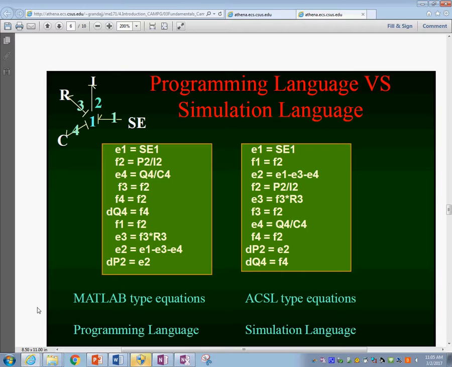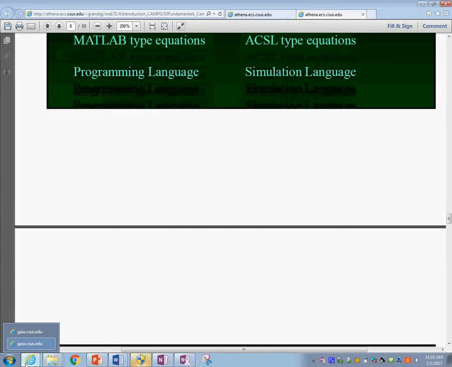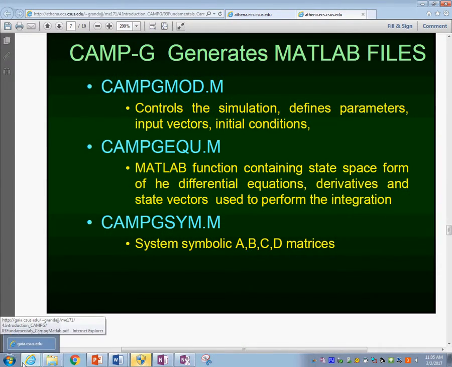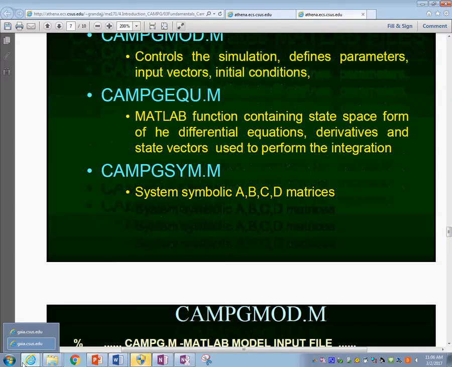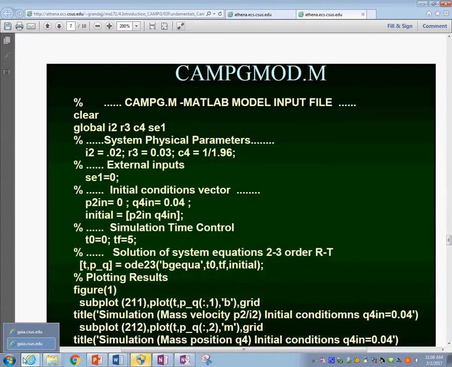This is in the individual elements form, but we can have it in the state space form or on this form. CAMG generates these files. The mod file, which is the model file, the equations file, which is the differential equations file, and then the CAMG-SYM file, which is the symbolic file. Also, you have a CAMG num file, which is just to work with numbers, not with symbols.